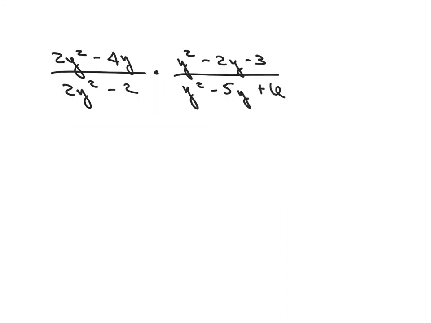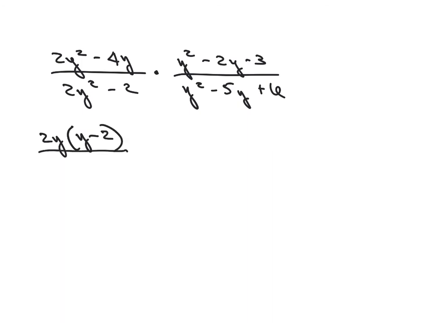Okay, so we're going to look at one bit at a time. We're going to look at this. We're going to reduce this, this, and this, and then we'll work at canceling. So our top one, we're going to change that to 2y times y minus 2.